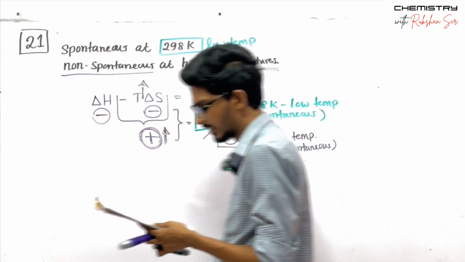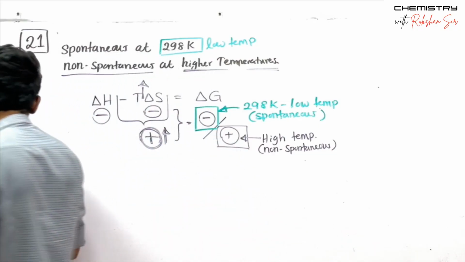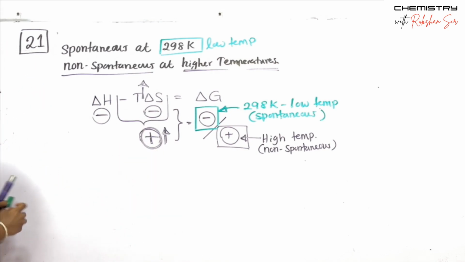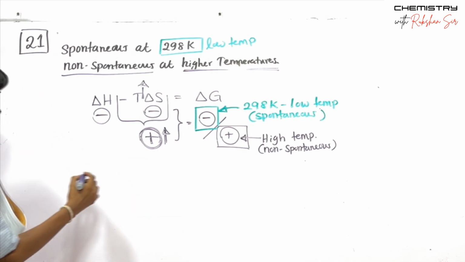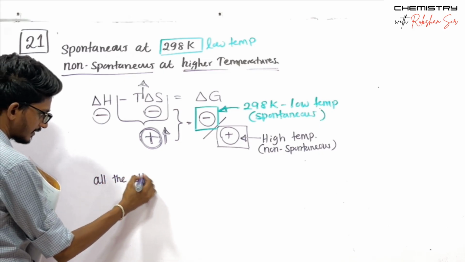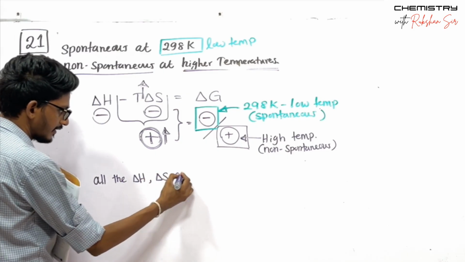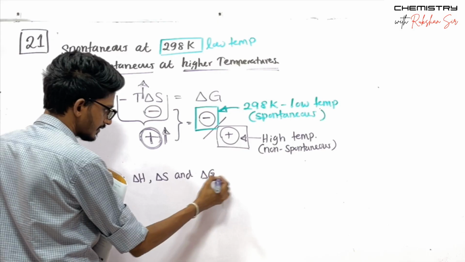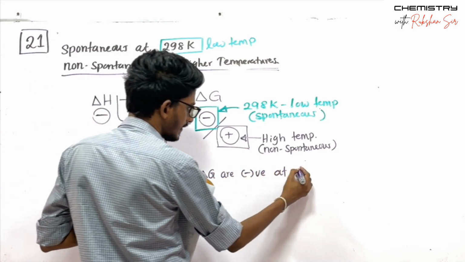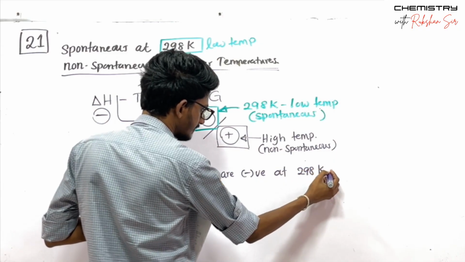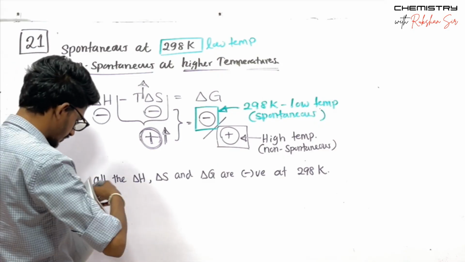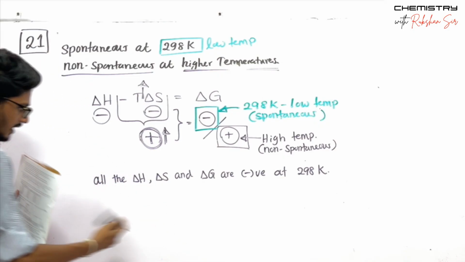Delta G is negative, delta H is negative, and delta S is negative at 298 Kelvin. So the answer is answer number 2.